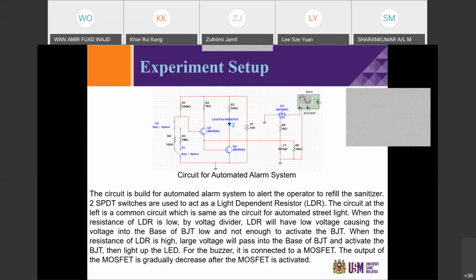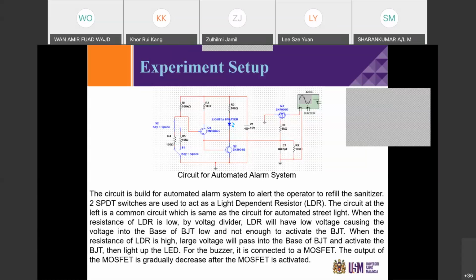When the resistance of the LDR is low, by voltage divider, the LDR will have low voltage, causing the voltage into the base of the BJT to be low and not enough to activate the BJT. Then when the resistance of the LDR is high, large voltage will pass into the base of the BJT and activate the BJT. Then it will light up the LED for the sprayer.